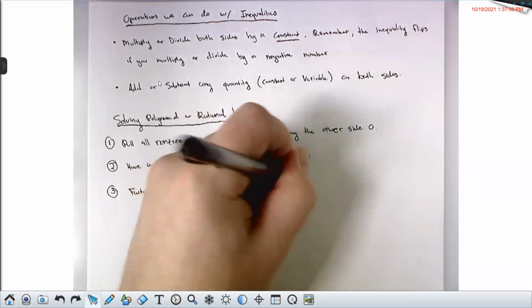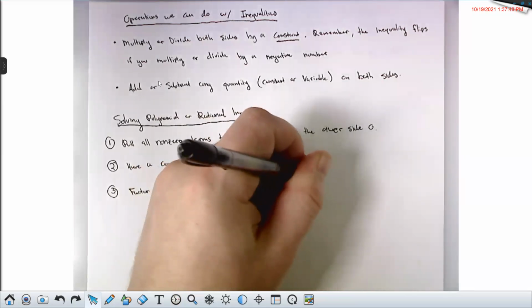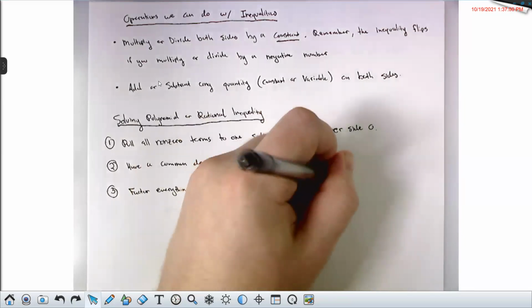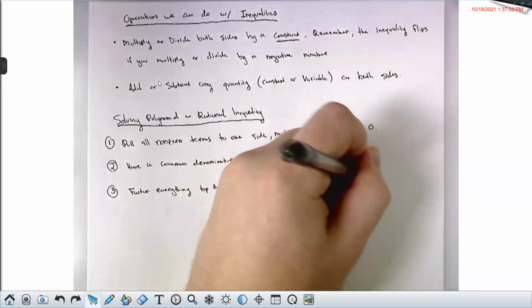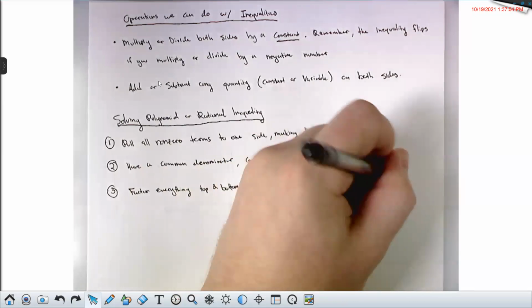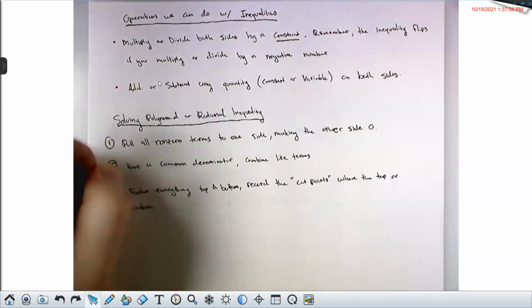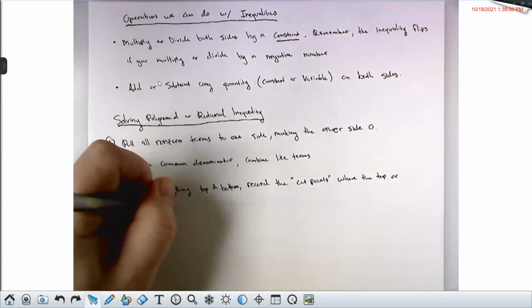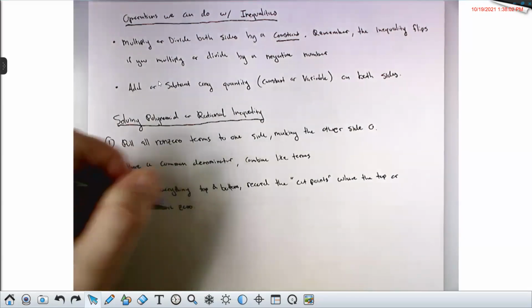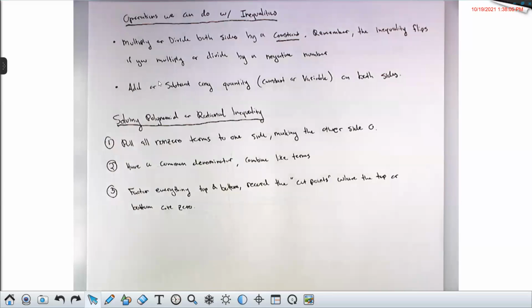Your book calls them cut points, where the top or bottom are 0. Right, so basically you're finding vertical asymptotes and x-intercepts, although we don't call them that here. We don't need to. You can if you want to.